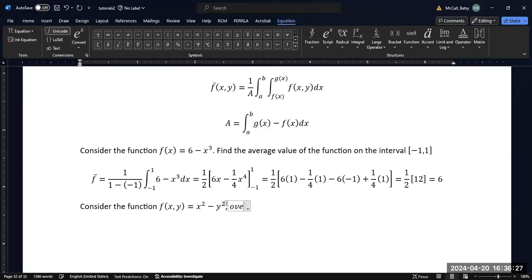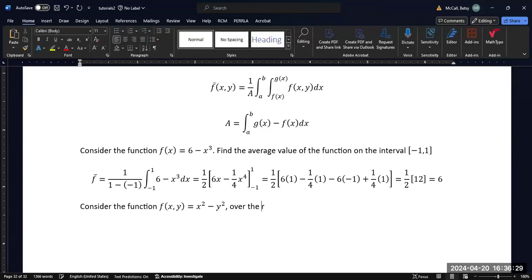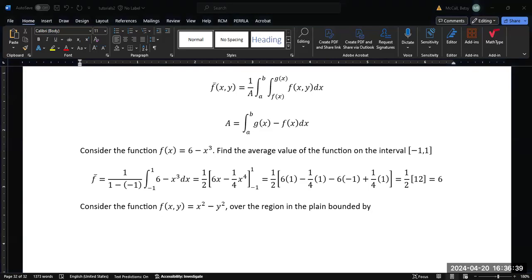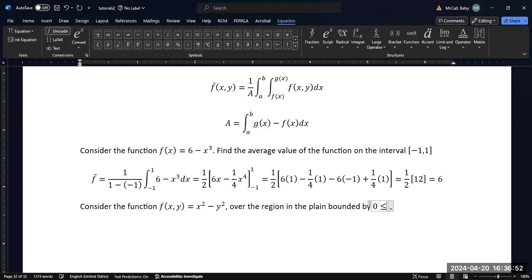So let's say over the region in the plane bounded by, let's say 0 less than or equal to x less than or equal to 2, and 0 less than or equal to y less than or equal to x.